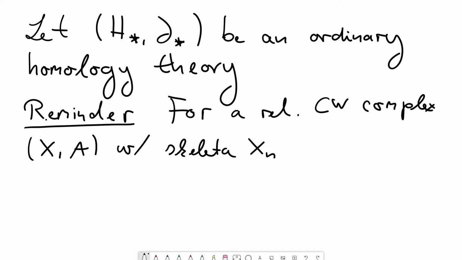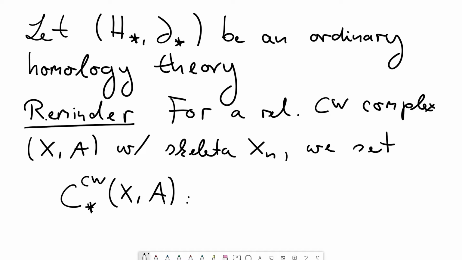And for such a relative CW complex, we have defined the cellular chain complex as follows in the last video. Just called it C^CW star of X, A.